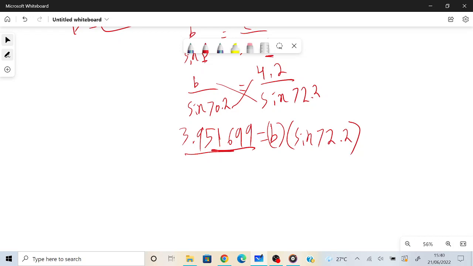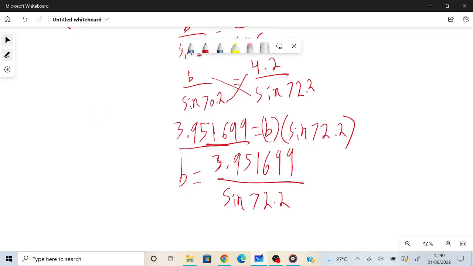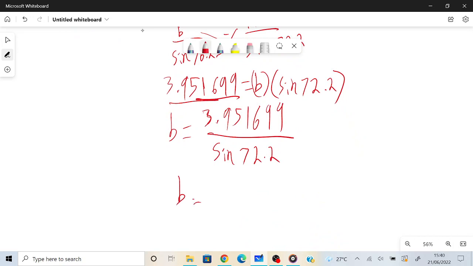So now to find b, you can do b is 3.951699 all over sine 72.2. And then you have b, putting down your calculator, 3.951699 divided by sine 72.2.